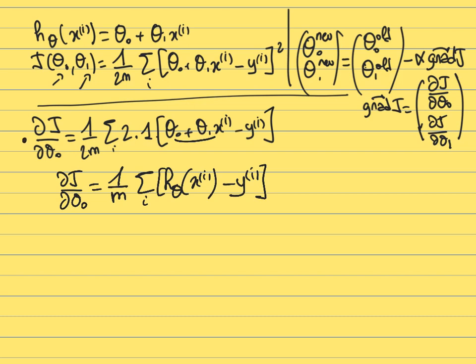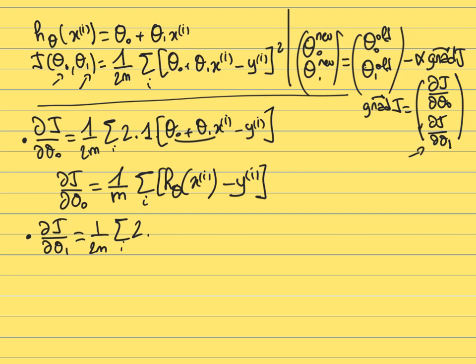We can do that again for the other term, which is the derivative of the cost function with respect to the second parameter, theta 1. It's exactly the same thing. First we have the prefactor 1 over 2m. The derivative of the sum is the sum of the derivatives. The derivative of the square is 2 times the derivative of the function.